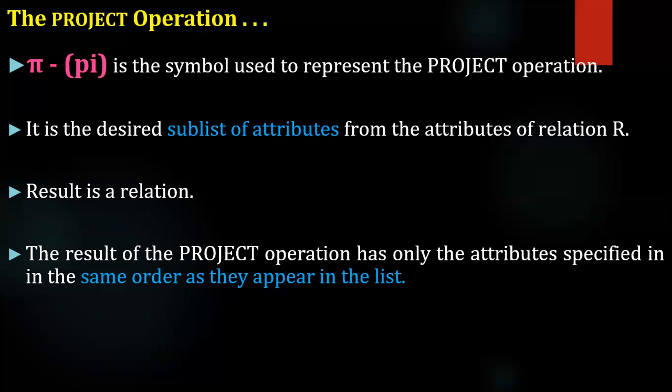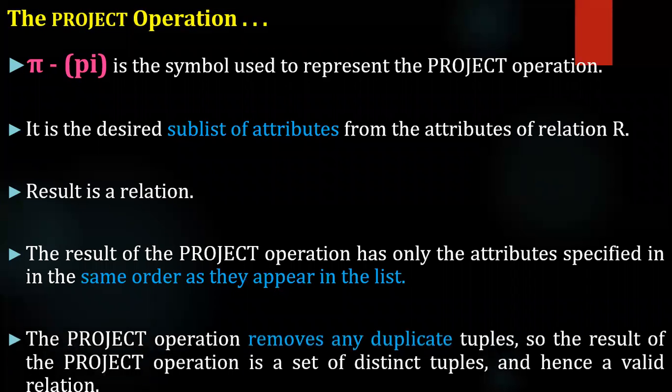The result of the project operation has only the attributes specified in the project operation, and the order of the attributes will be the same as the order which we have specified in the project operation.